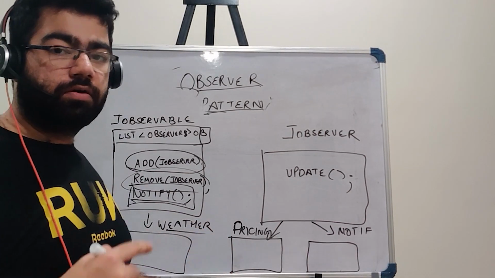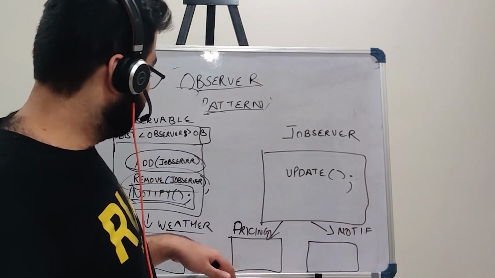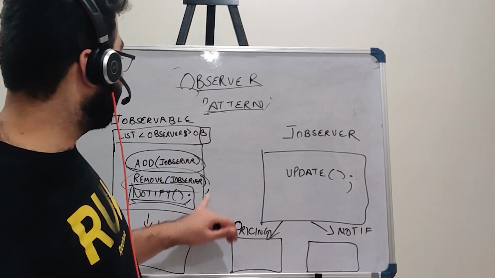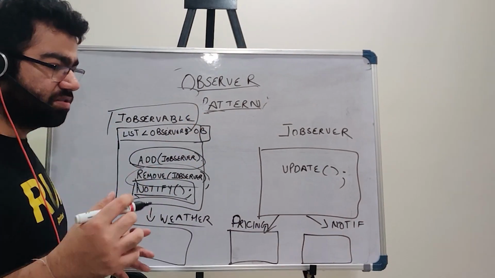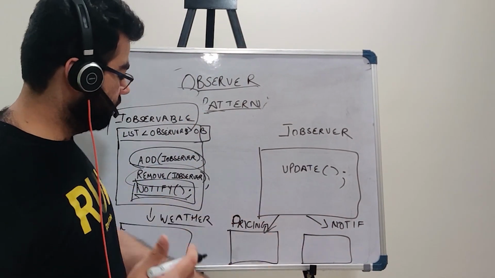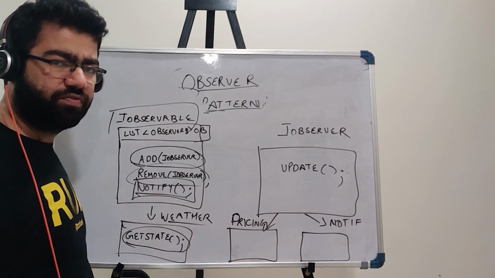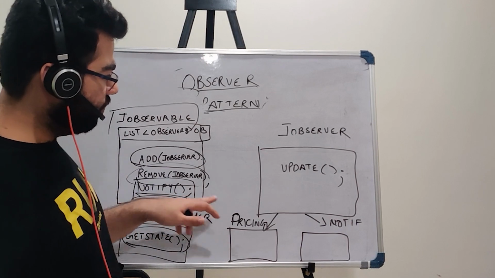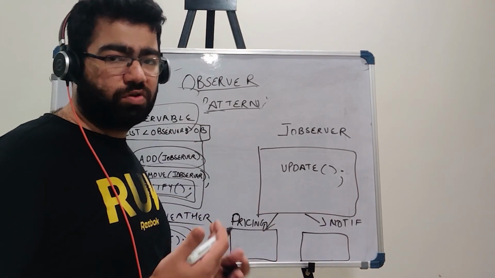Now one important point to notice is that this weather class, which is a type of IObservable, will also have a function which is necessary for these. That function will be called getState. Now why do we need this getState function? When we are notifying the pricing and notifications, we are not telling the actual state.